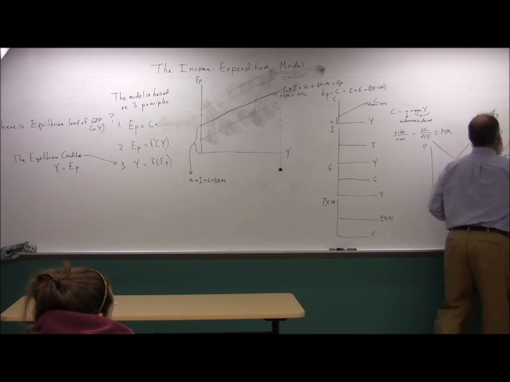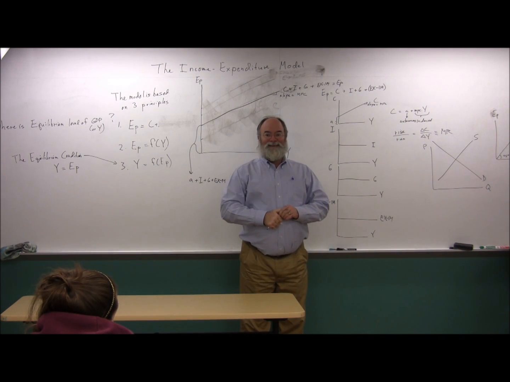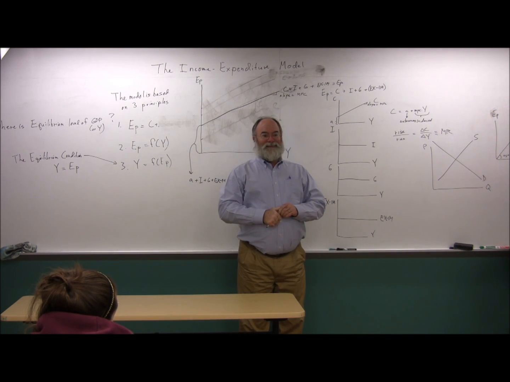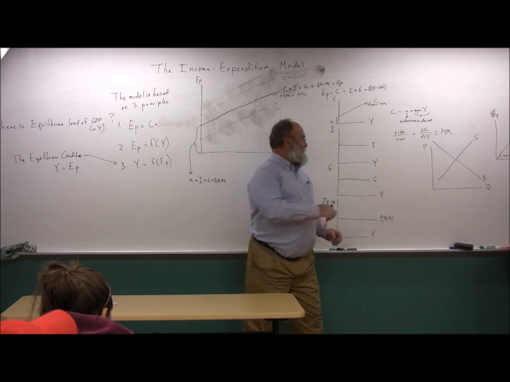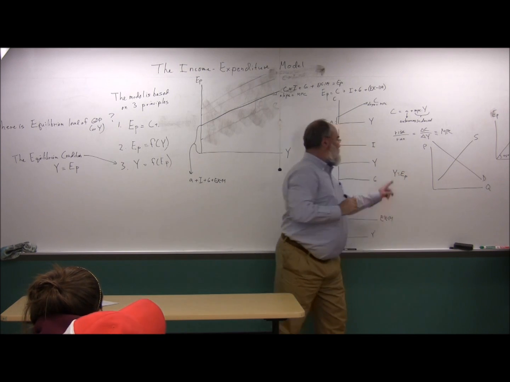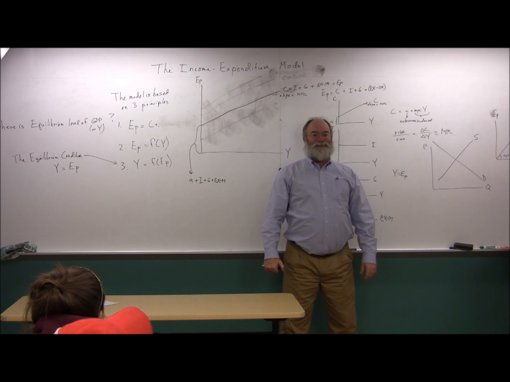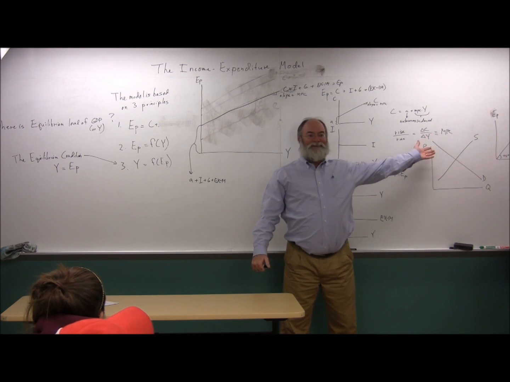What would the equation Y equals EP look like? Sarah? Yeah. What would the graph look like? Yes, you do know. It would look just like that. It would be the 45-degree line.